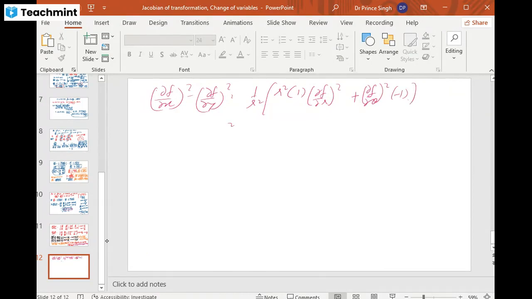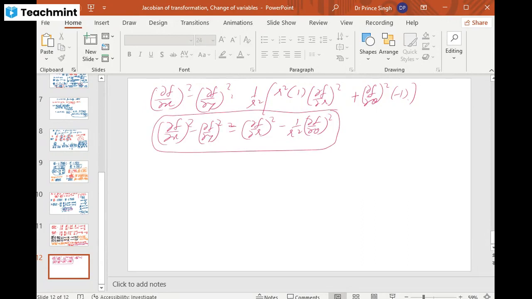If I open this bracket, this is (∂f/∂r)² minus 1 upon r² (∂f/∂θ)². So this is the relation between (∂f/∂x)² minus (∂f/∂y)² in terms of r and θ. So this is the desired result, right?